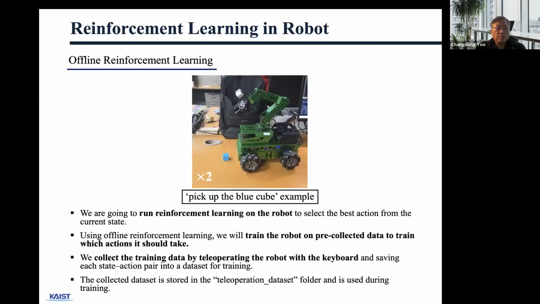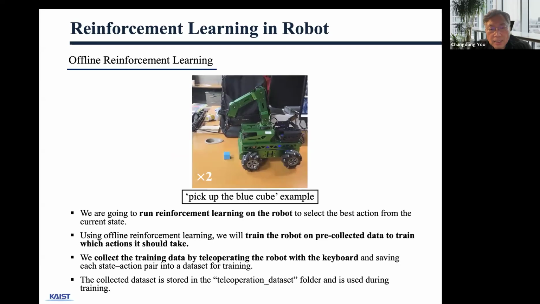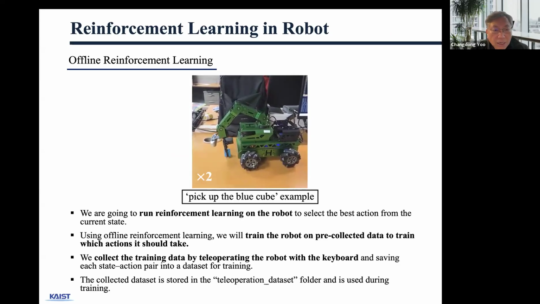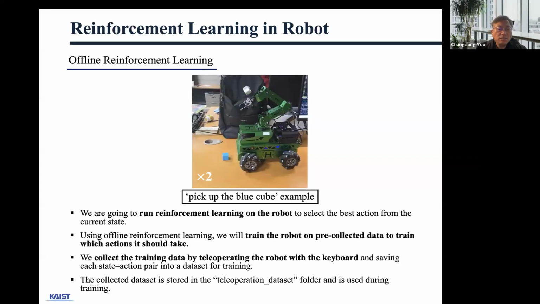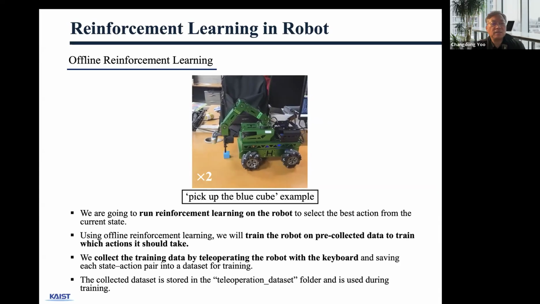Before it's actually used, the data is collected. So here is an example of offline reinforcement learning: pick up the blue cube. We're going to run reinforcement learning on the robot to select the best action from the current state. Using offline reinforcement learning, we will train the robot on pre-collected data to learn which action is taken.